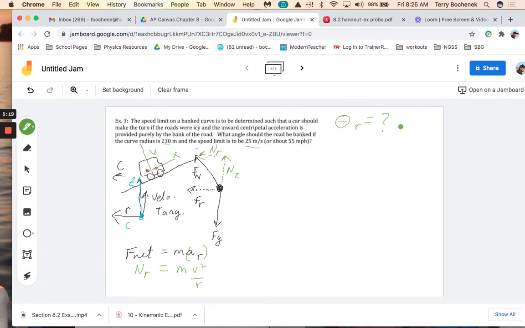You can slide uphill. Newton's first law says your car wants to keep going in a straight path. It doesn't care if the road's curving in front of you or not. So that inertia idea is why we need just the right speed here, so that friction is not a factor and you don't exceed the amount of radial force that the track itself can produce from the normal force inward.